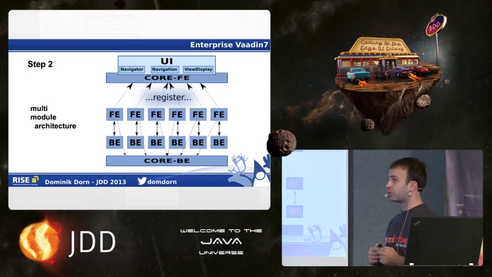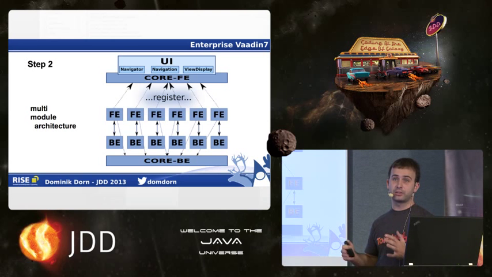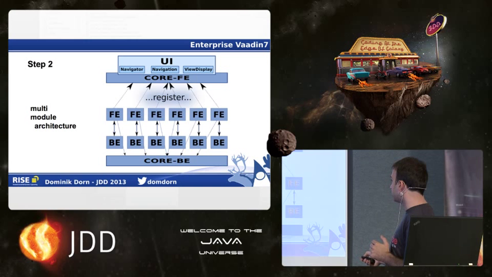We have our own navigation class that helps us with navigation, and we have the view display that basically displays all the views. And the other front-end modules dynamically register to the core front-end module, and they all have their own backends, except for functionality that's commonly used. This is going directly to the core backend.